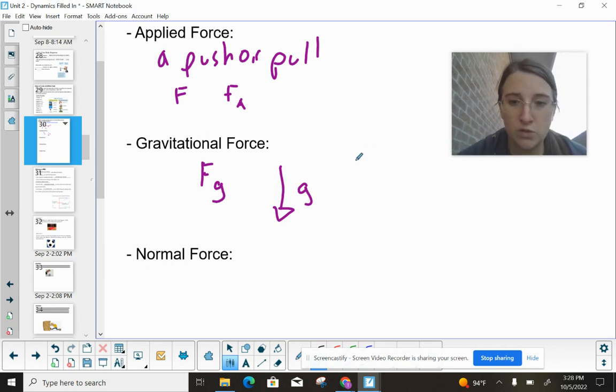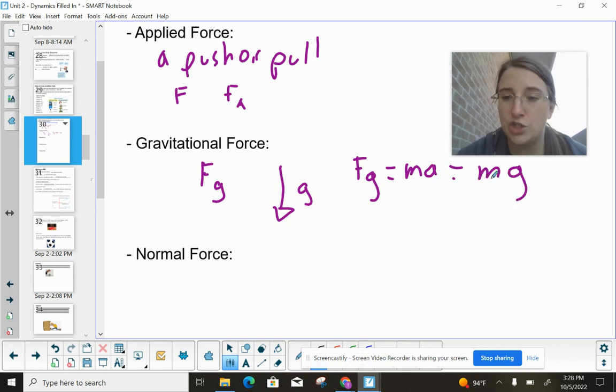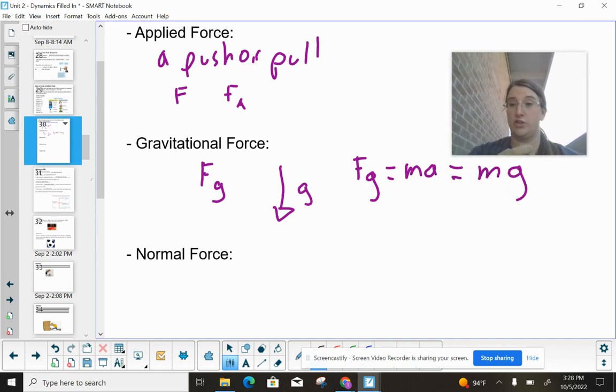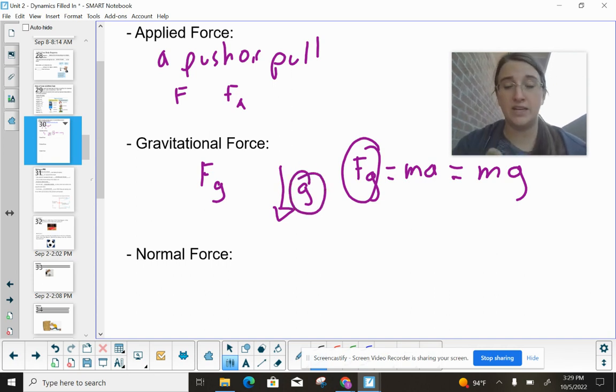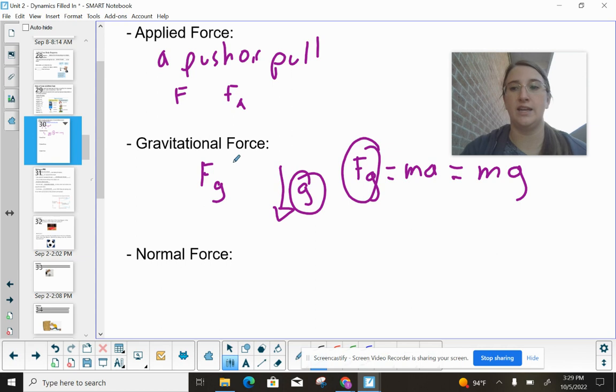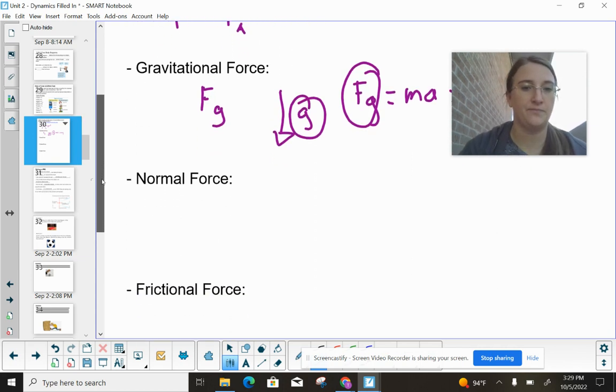If F equals ma, then the gravitational force is mg, which is your mass times 10, the gravity. So do not get confused between the force of gravity and the acceleration due to gravity. Those are very different things. And we'll continue to clarify that in class.